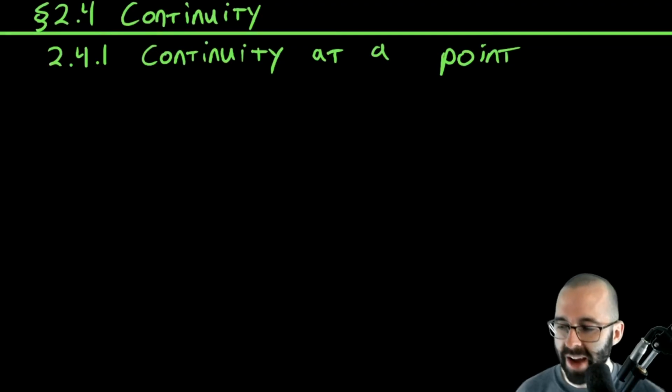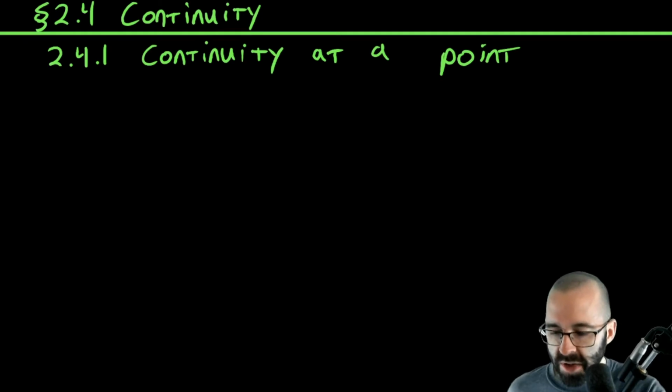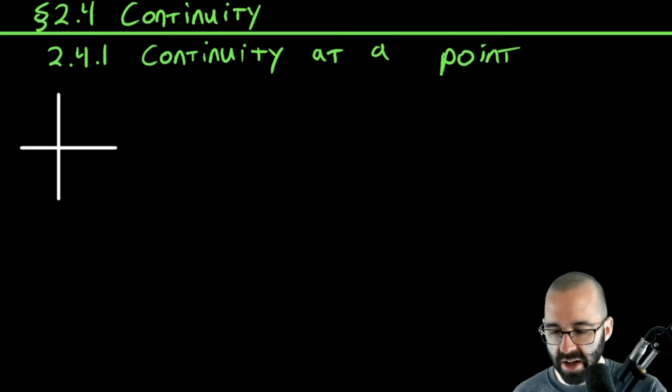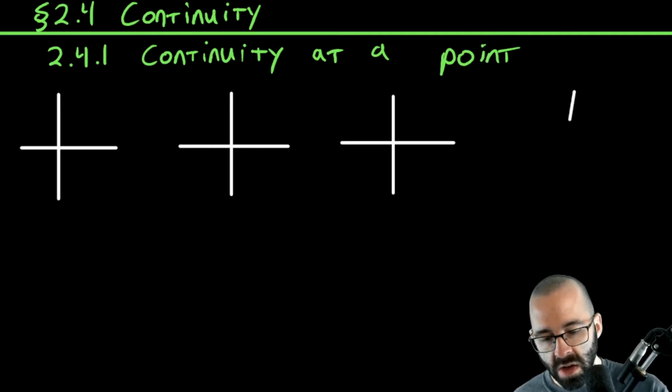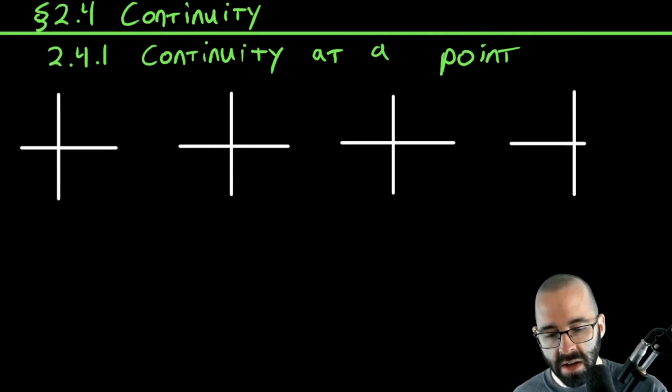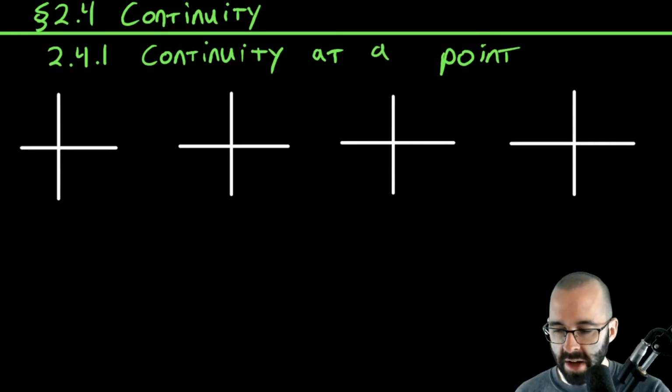Let's get into some math. So we're going to start by giving you some things to look for when you look at continuity. I'm going to give a couple graphs here, and I want you to look at these graphs and identify why or where they're not continuous.